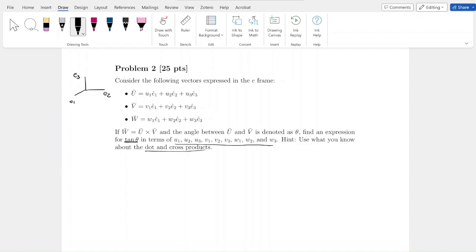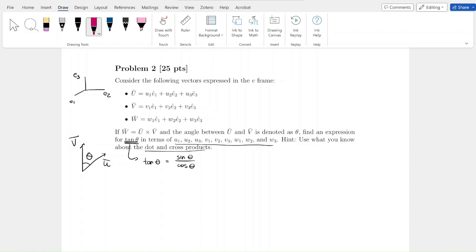So let's see. So we know that it's the angle between U and V. Let's just visualize this. So let's say this is U, this is V, and the angle between them is theta. Find tan theta. So when you see tan theta, what you might want to think about is that tan theta is equal to sine theta over cosine theta. And when I see sine and cosine theta, I think about the magnitude expressions for cross products and dot products.